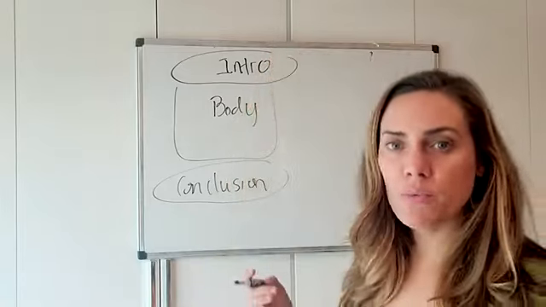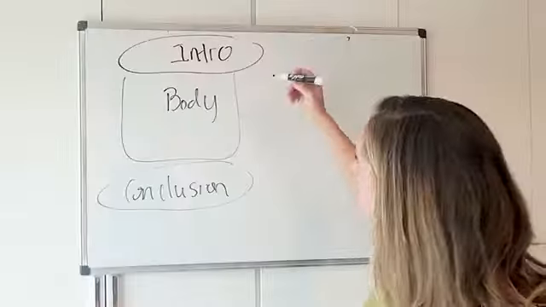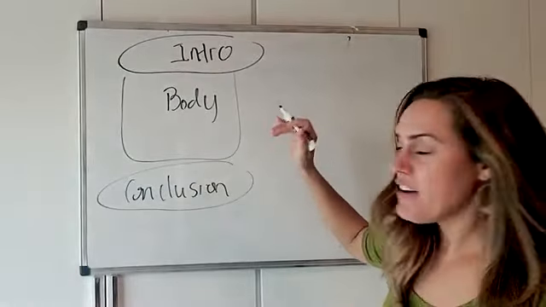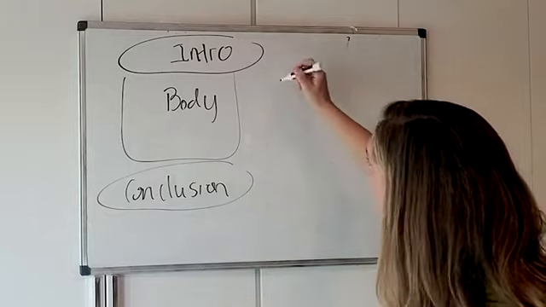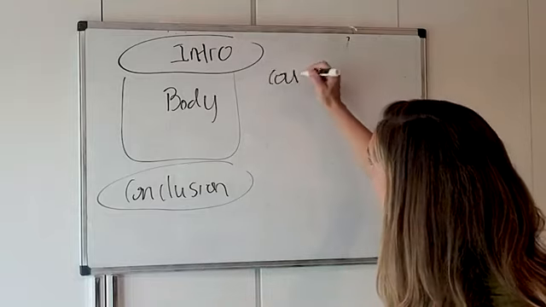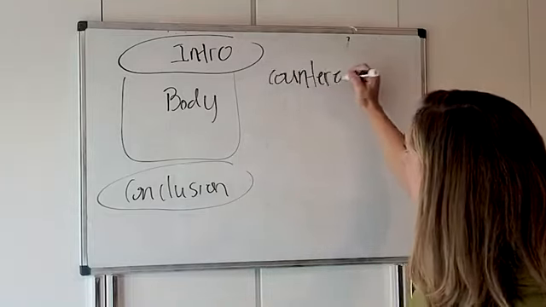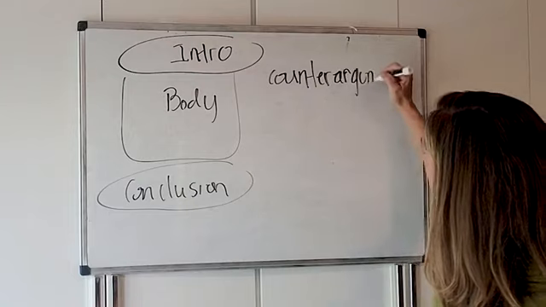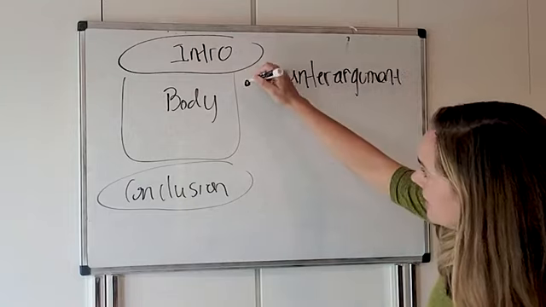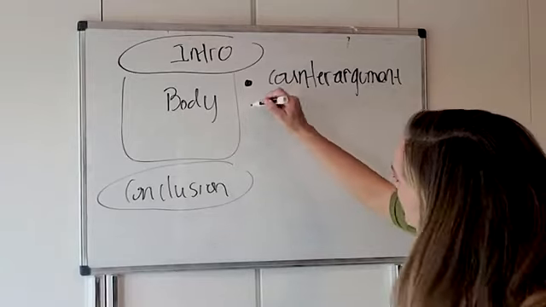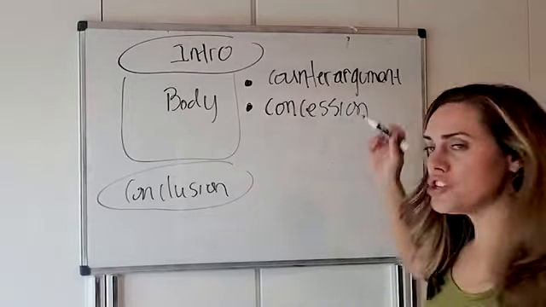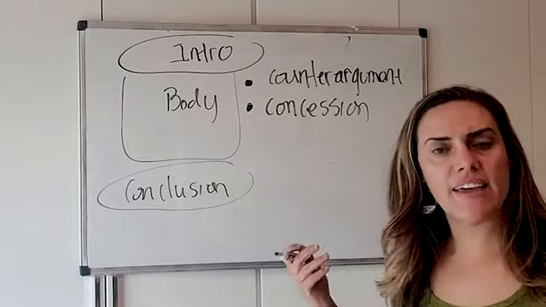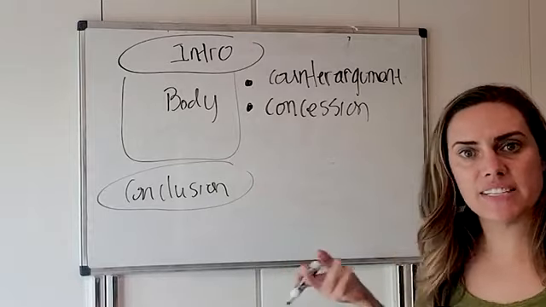Okay, so the way in which I tell my students is somewhere in the body paragraph, in one of them or all of them, you want to give the counter argument. Okay, that comes first. And then after that, you give your concession, showing that you acknowledge what they're saying and that what they're saying makes a little bit of sense.